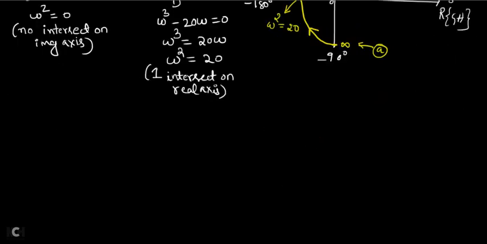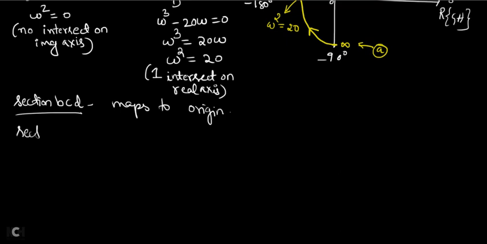Now you should find the next, second section. After A to B, now you have to take B, C, D. In all the problems, B, C, D always maps to the origin.